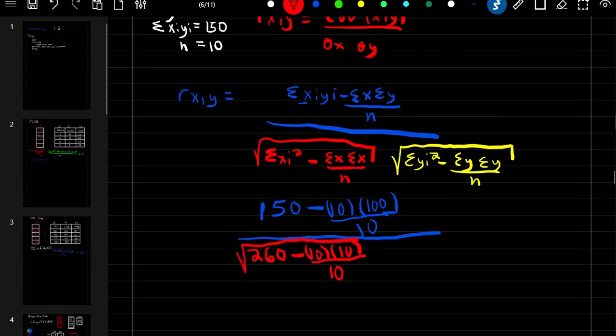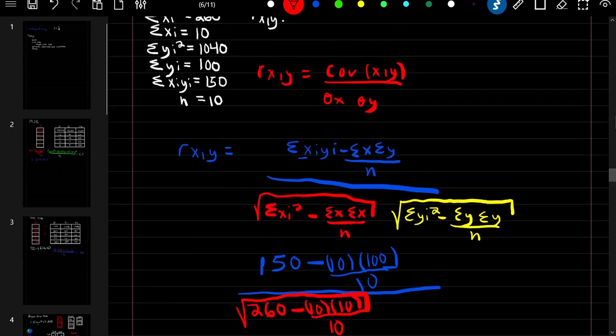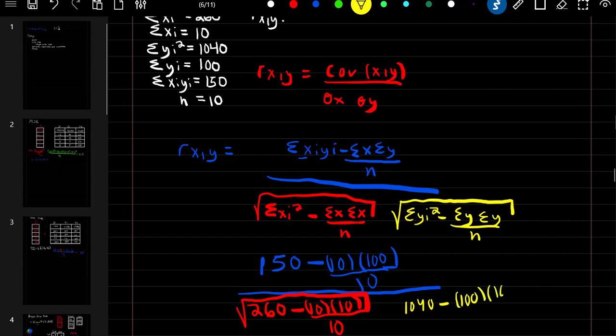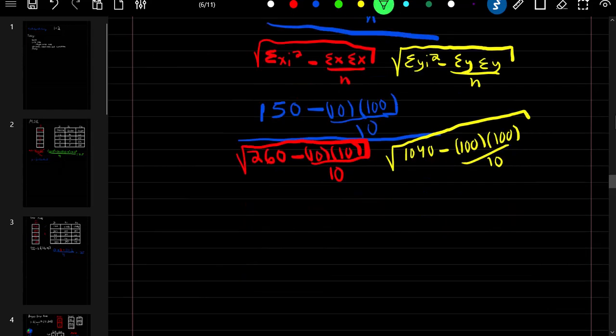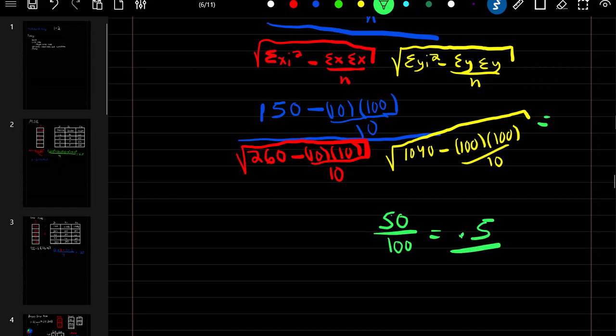Take the square root of that, and we multiply by the summation of yi squared, which is 1040, minus the summation of y, which is 100, times the summation of y, which is 100, over n, which is 10. Take the square root of that. And plug it in. You should get a value of 50 over 100, which is equal to 0.5, or a correlation of 0.5.